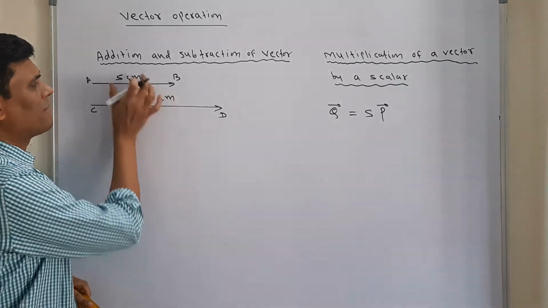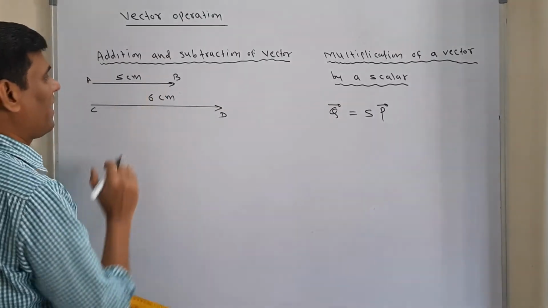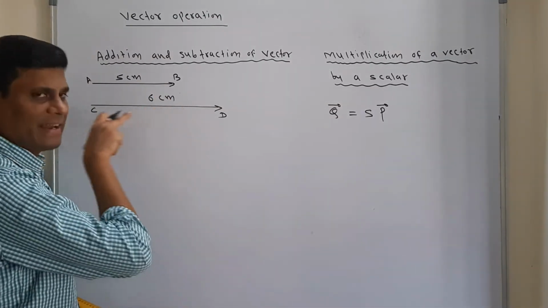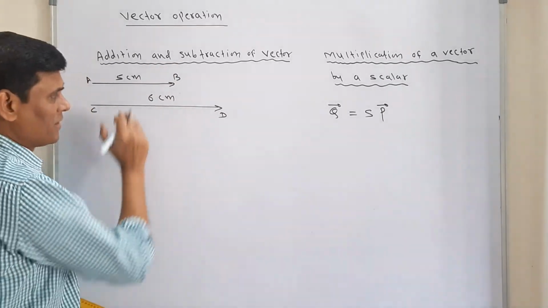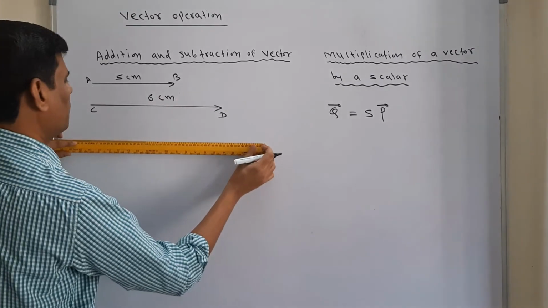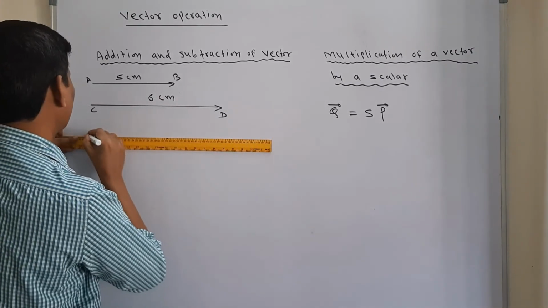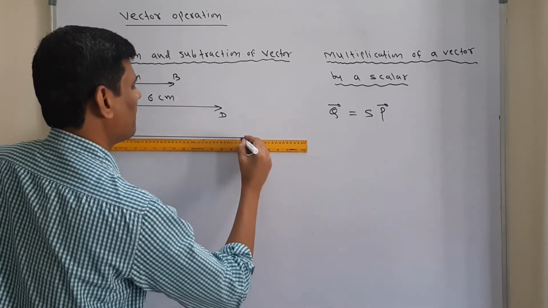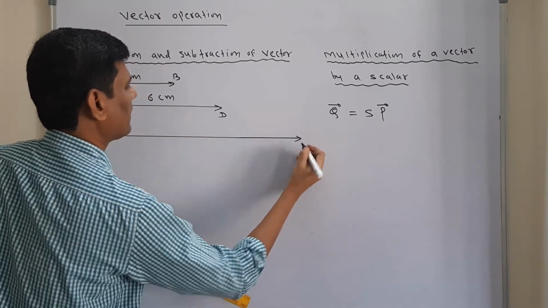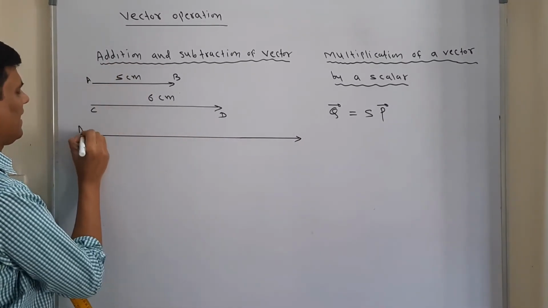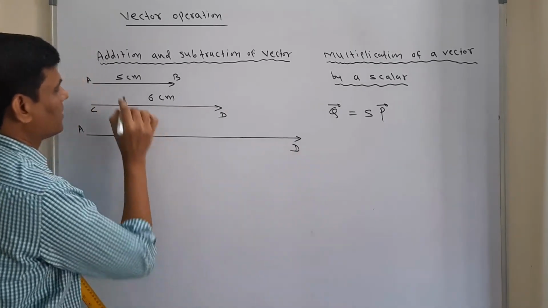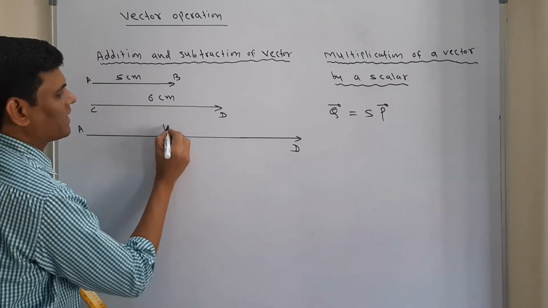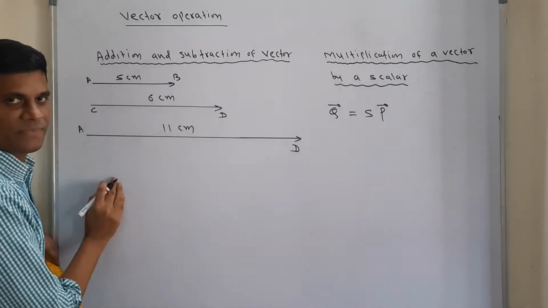We are taking only a simple example. If I add these, both vectors are in the same direction, that means we can say they are parallel to each other. So the result of these two vectors you will get by adding them. The starting point of the vector is A and the ending point of the second vector is D. So 5 plus 6 magnitude is equal to 11 centimeter, right?